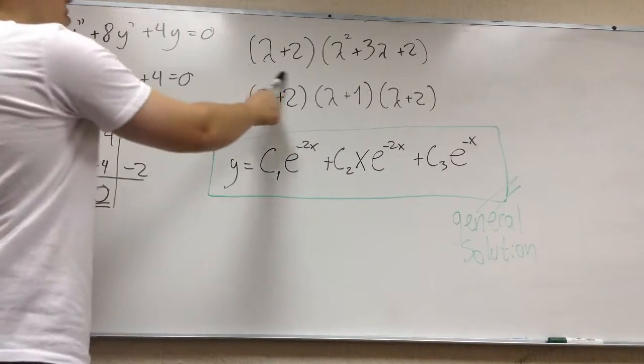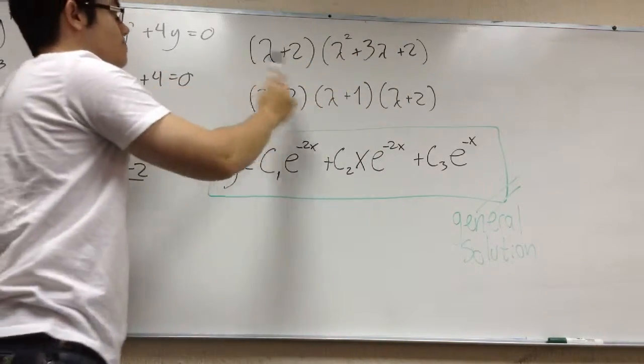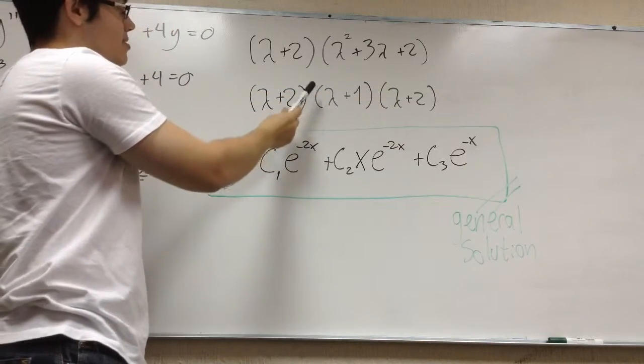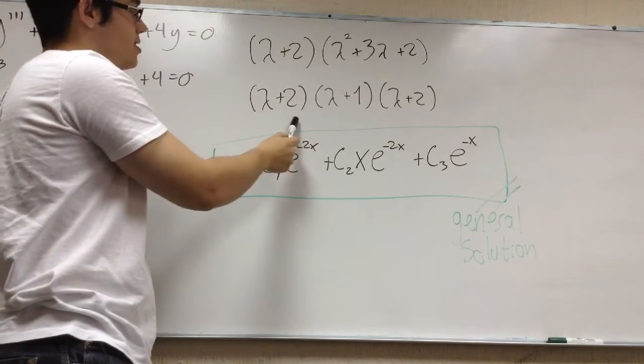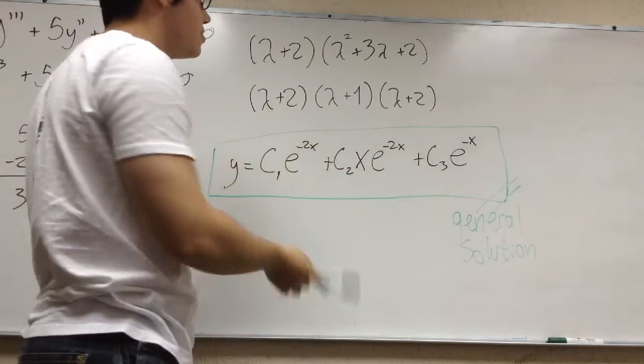So we get here 2, these 2, yeah. So lastly we have lambda plus 2 times lambda plus 1 times lambda plus 2 again.